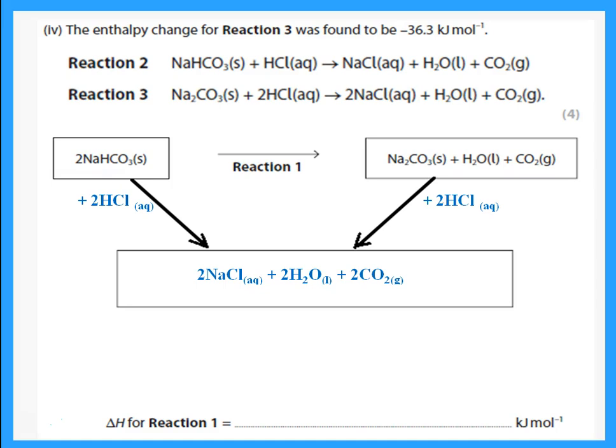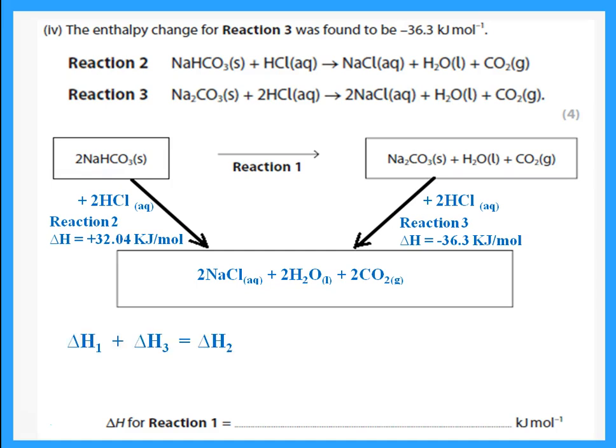So we can use the delta H's for each of these steps in order to try and calculate reaction 1. Remember that if we say reaction 1 plus reaction 3, this is equal to the delta H for reaction 2.